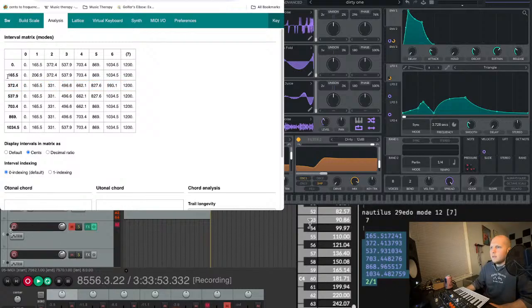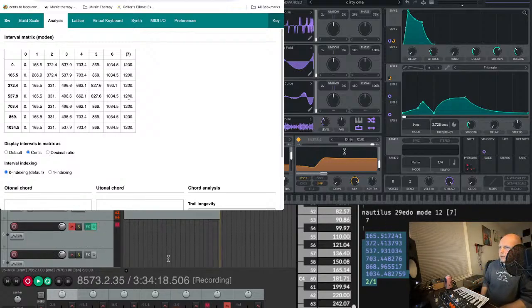So you can see from the second to the third note of the main scale. So here's note 1, 2, 3. That's the big interval. So anytime we cross that big interval, we're going to get a larger step.